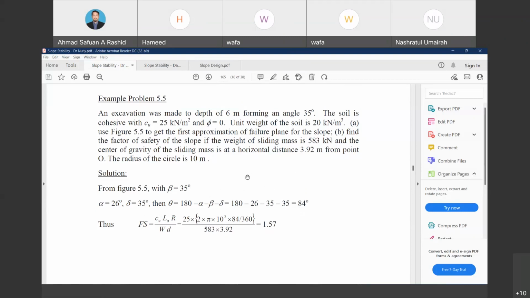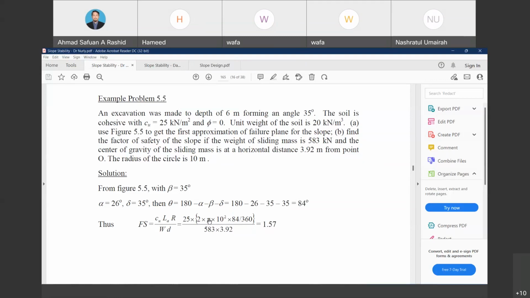So R theta means 10 times 84 times pi over 180. That is for La, while for the R is 10. However, Dr. Noli has used 2 pi over 360, which is the same, which is equal to pi over 180.